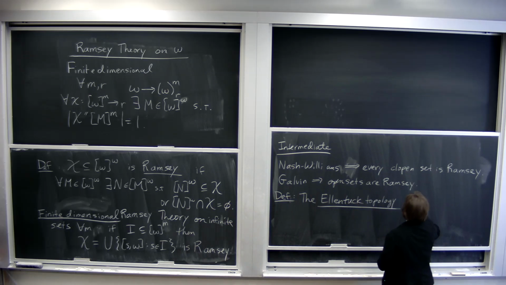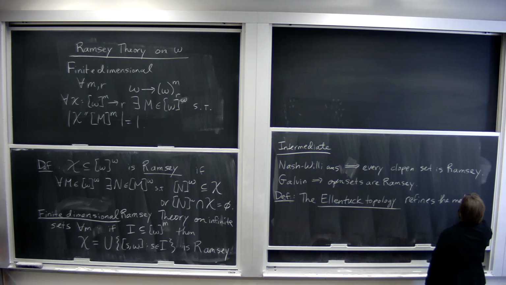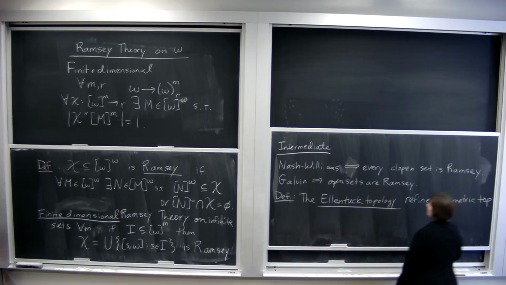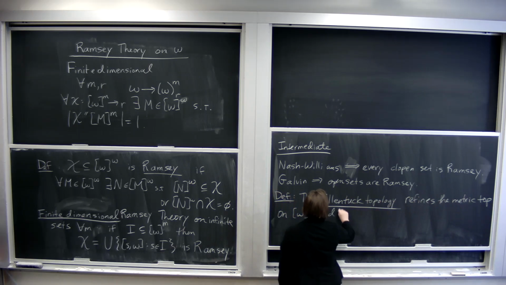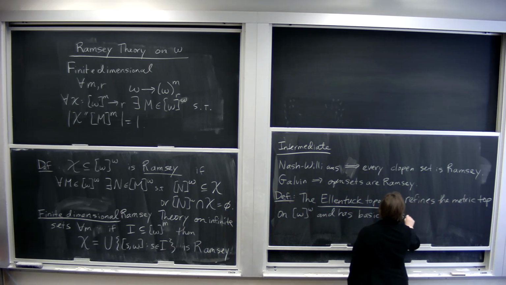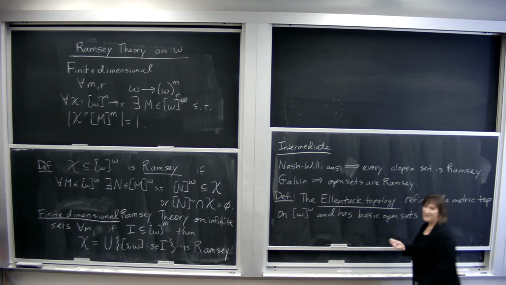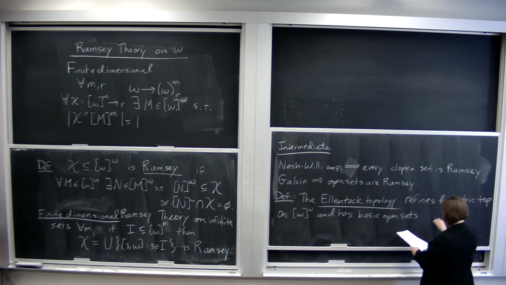So this is a topology which refines the metric topology on the Baire space, and has basic open sets of the form, Mathias forcing. Okay.